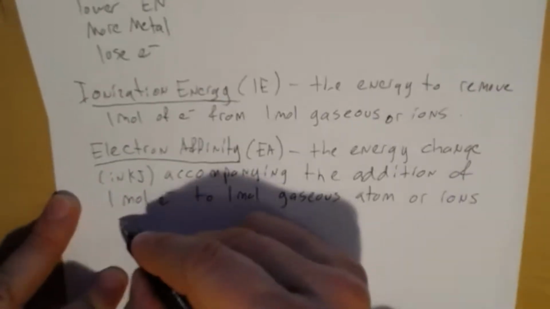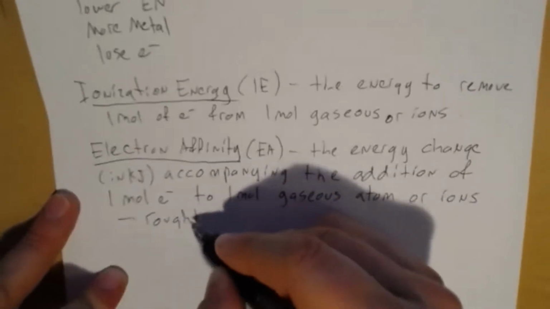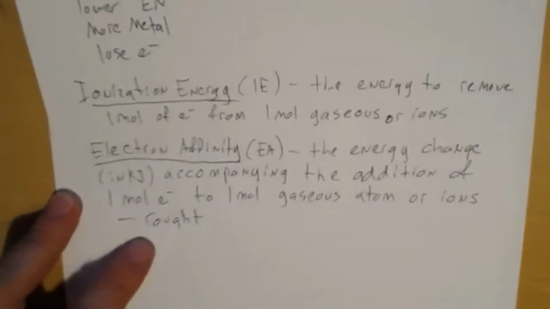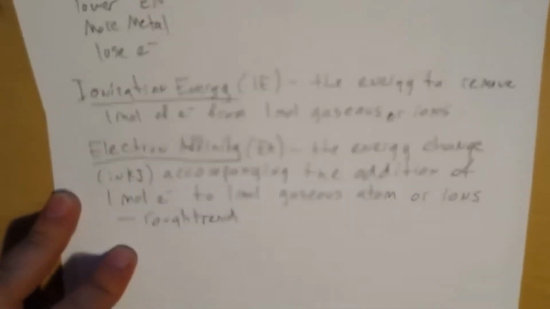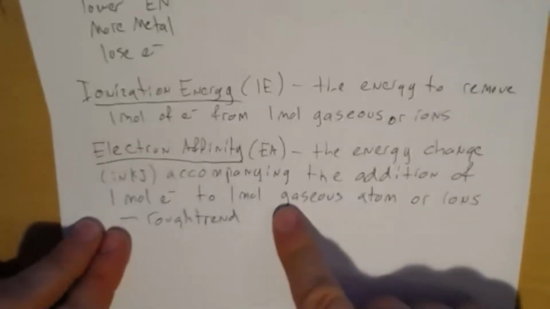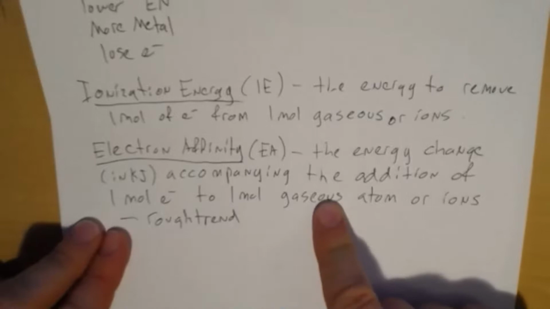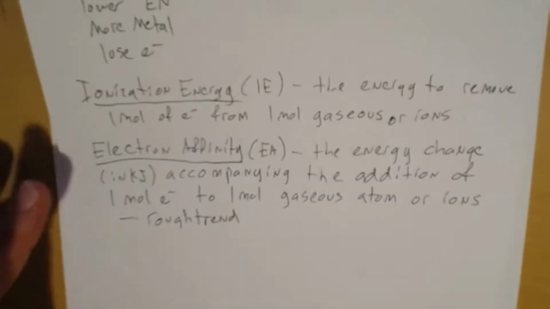One other thing to say about electron affinity is it's kind of a rough trend. It's not as beautiful as some of the other ones, like the volume. Okay. But again, they take 1 mole of atoms, they heat them up till they're a gas, and then they add electrons and they look at the energy change.